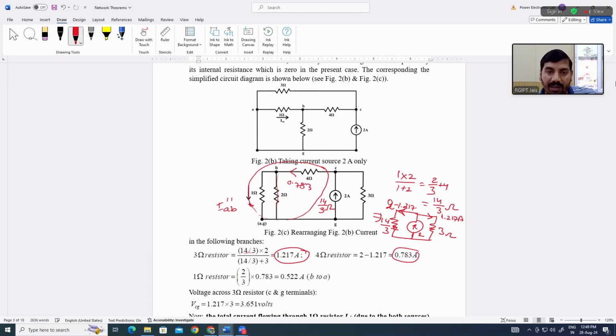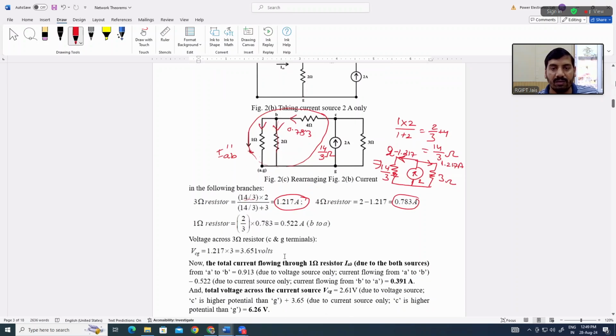So 0.783 ampere is current flowing through this resistor, and the same current will divide in these two parallel branches. So again here at this node you have to apply the current division rule. Okay. So current flowing through this 1 ohm resistor, that will be IAB double dash is equal to main current 0.783 multiplied by, we place 2 in the numerator, 2 divided by 2 plus 1, that is 2 divided by 3.